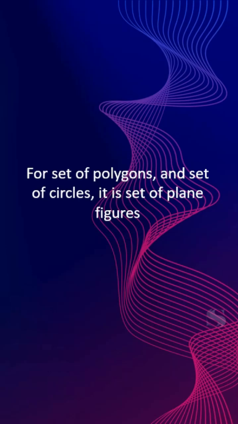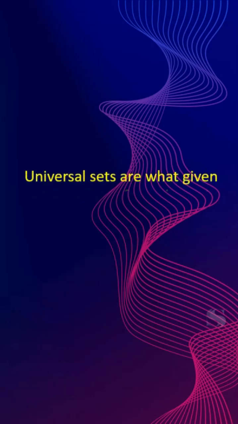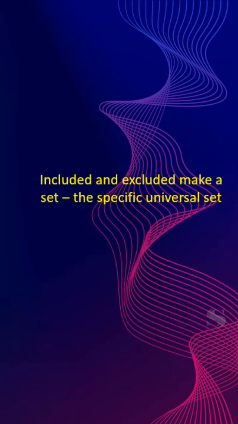The two together present the universal set, the set of plane figures. For a third example, consider the set of doctors and the set of engineers, and we get the universal set, that is the set of the two largest professionally qualified people. Briefly, universal sets are what given sets are parts of and need to be meaningful and exist.